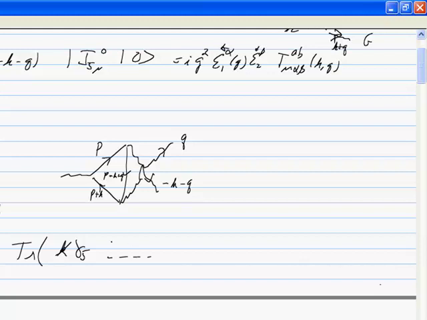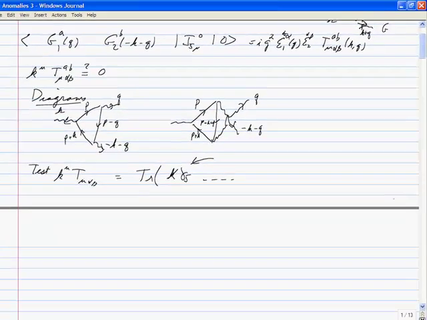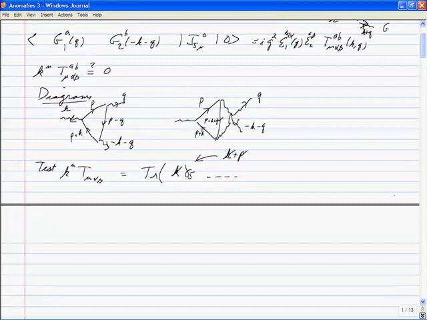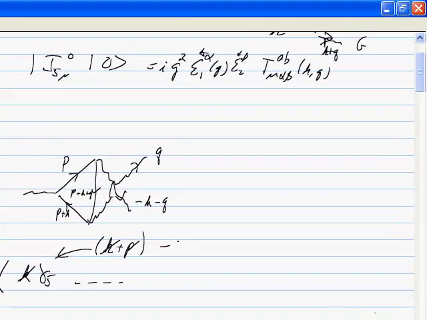So the only trick of this is writing this as k slash plus p slash minus p slash. Okay? So that when you do that, the k slash plus p slash guy cancels that propagator, the p slash cancels that propagator. Okay? So you get down to something that has fewer propagators than you started with. And you always end up with this difference. It's something minus something else. Okay? That's relevant because I will write out the next one then.